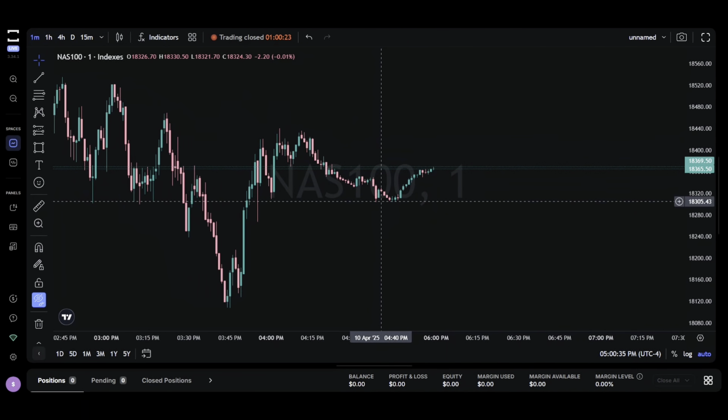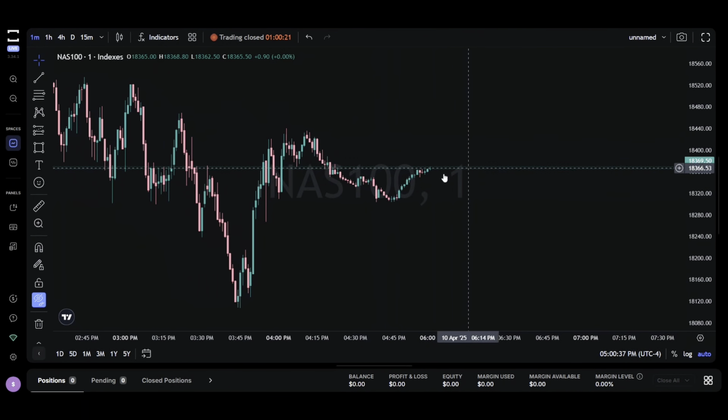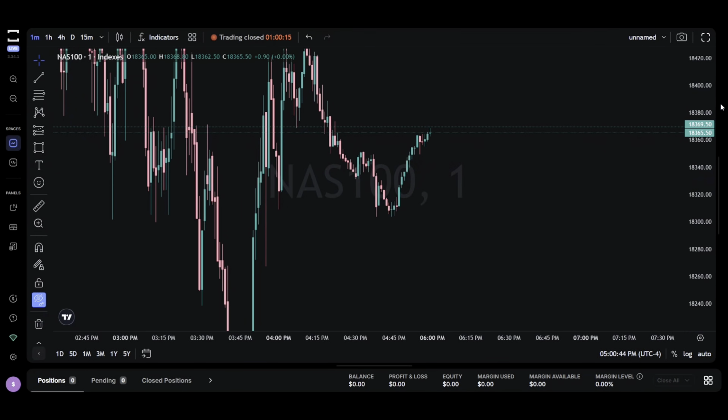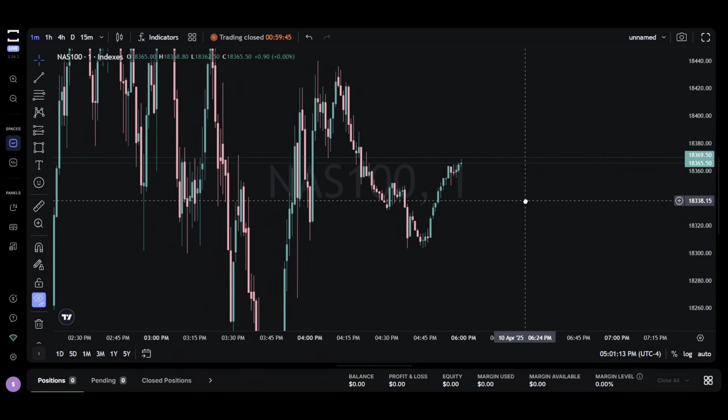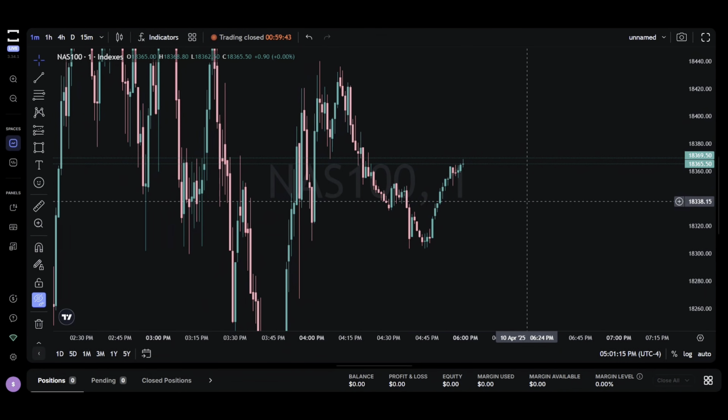So it's like a super zoomed in version. And each candlestick equals 1 minute. So every minute a new candlestick will form.